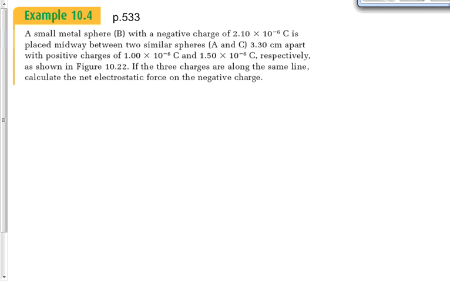This one's a little bit different, similar in some ways, but different in some ways, a little bit more to it. This one says a small metal sphere, sphere B, has a negative charge of 2.1 times 10 to the minus 6, and it's placed midway between two other spheres that are 3.3 centimeters apart. Ooh.